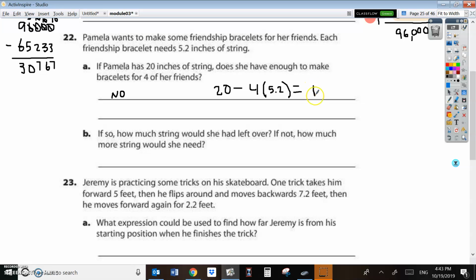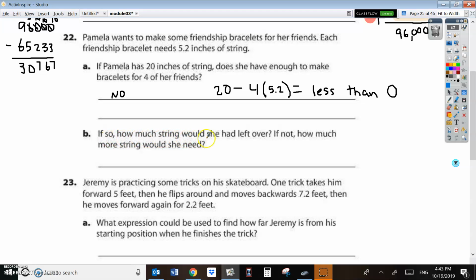So 20 minus that is going to be less than 0, right? Because 4 times 5 is 20, but 4 times 5.2 is greater than 20.